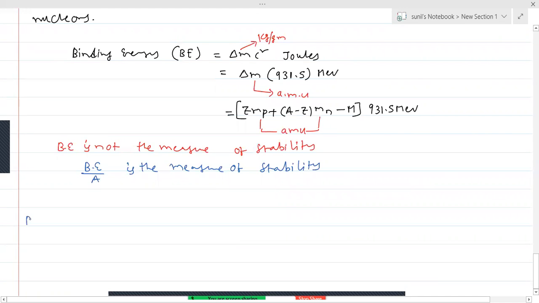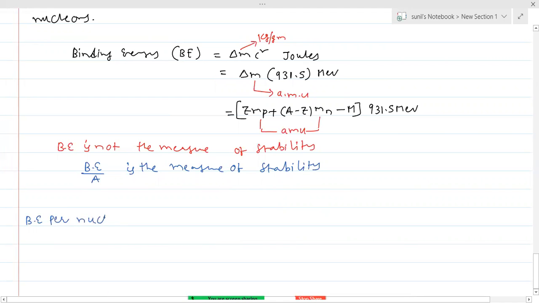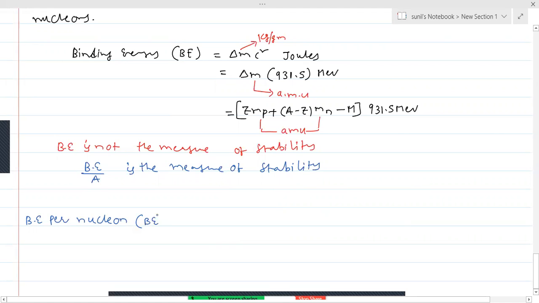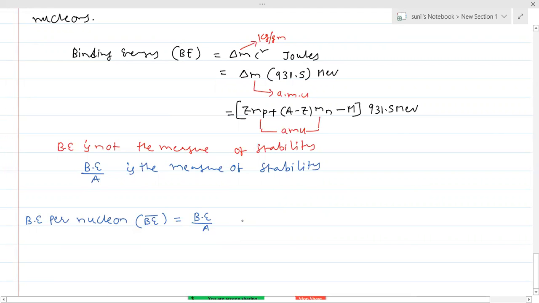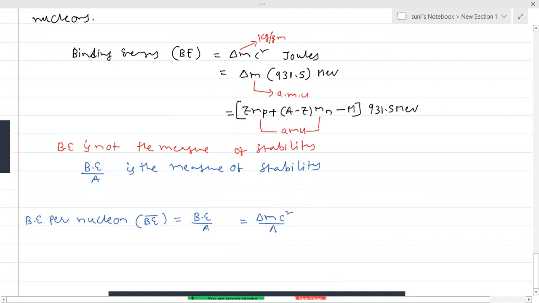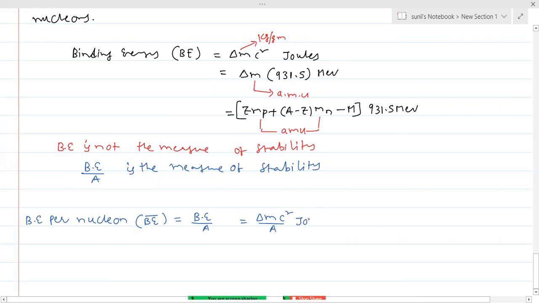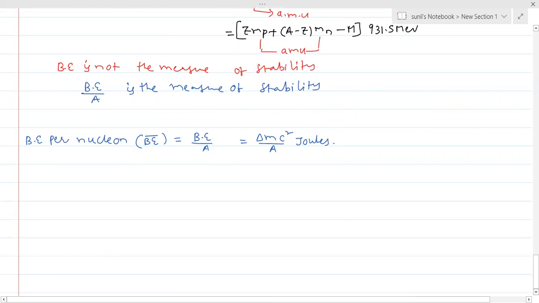So we write binding energy per nucleon, B bar, equal to B by A, that is equivalent to delta M into C squared by A. Whenever you write energy equivalent to mc square, we write it in joules. So this is very important.